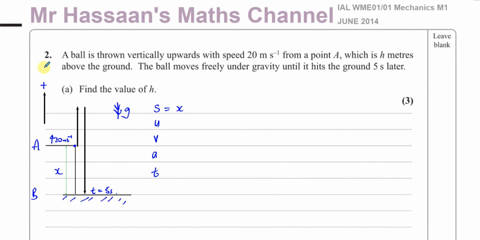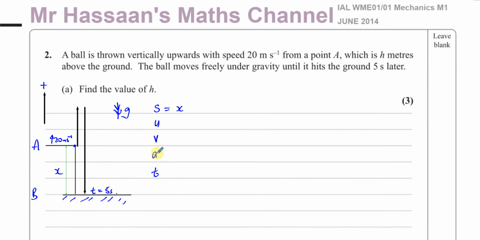As we're taking up as positive and this is below that point, it will come out as negative. The displacement is not the total distance traveled. It doesn't mean the distance has gone up and then down. The displacement is how far away it is from its initial position. It's this distance below its initial position, and we're taking up as positive, so that's definitely going to be a negative value.